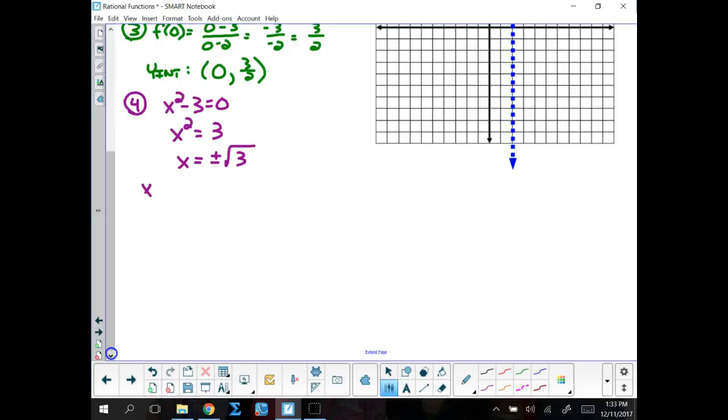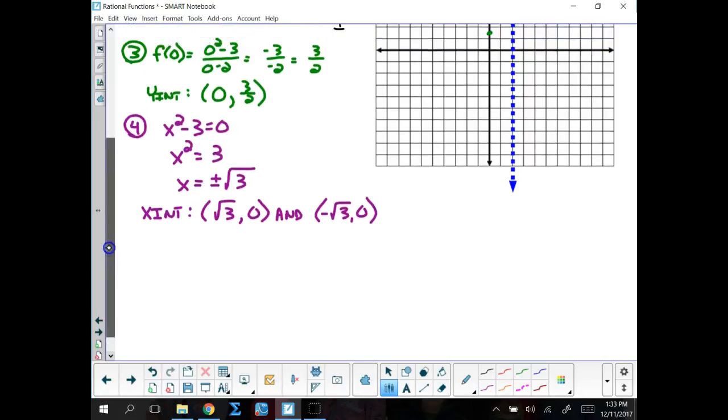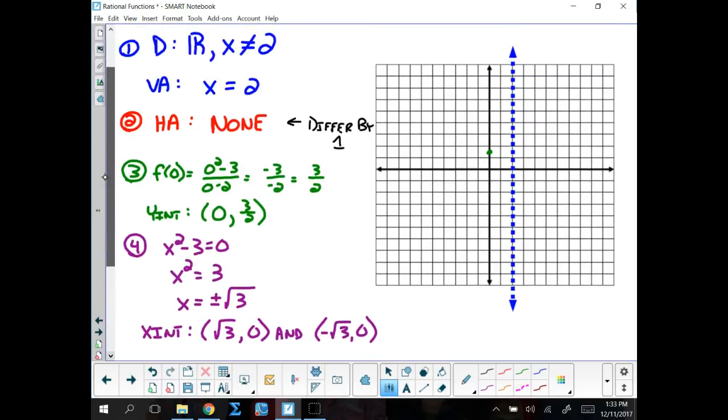So my x-intercepts are (square root of 3, 0) and (negative square root of 3, 0). What's the square root of 3? 1.7-ish? Okay. So (1.7, 0) is right there, and (negative 1.7, 0) is right there.